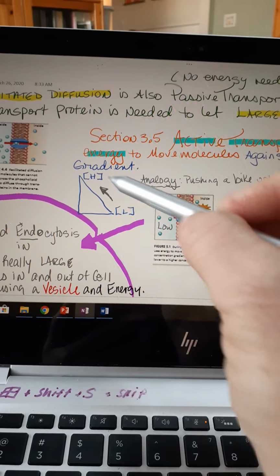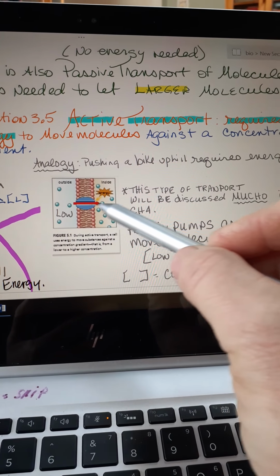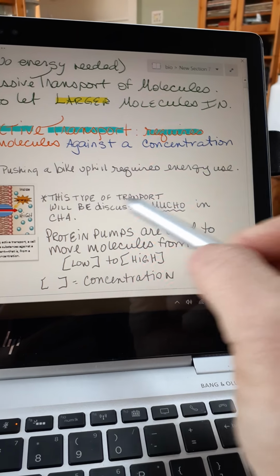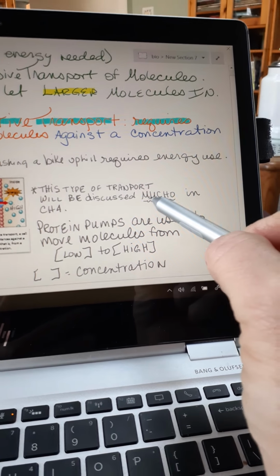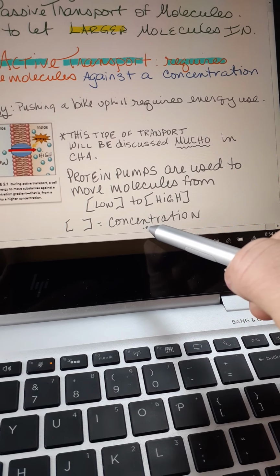Your diagram in your book has the concentration low going through this protein pump to a high concentration. This type of transport will be discussed mucho in Chapter 4. Protein pumps are used to move molecules from low to high. Those brackets mean concentration.